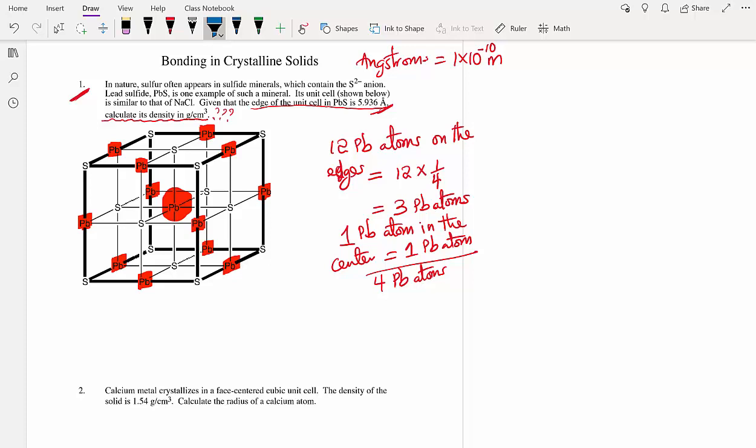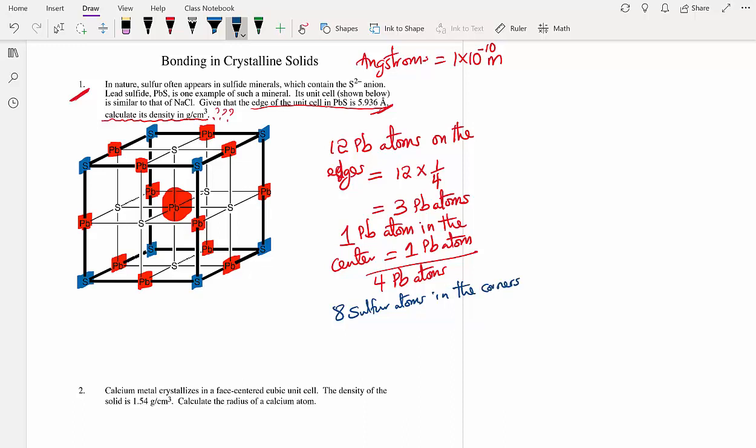If you look at the sulfur atoms, you will see that 8 of them are in the corners, in the 8 corners of the unit cell. So 8 sulfur atoms in the corners.